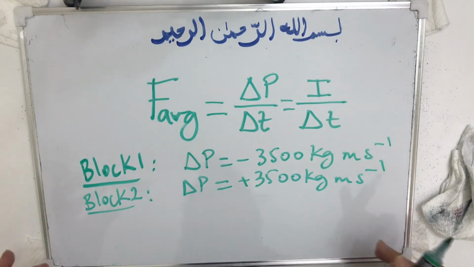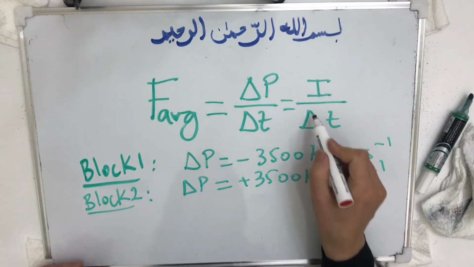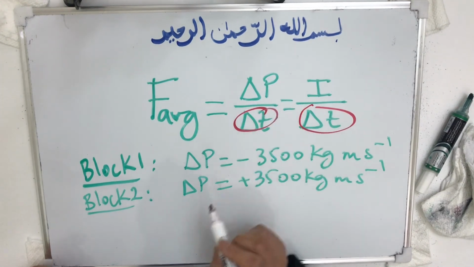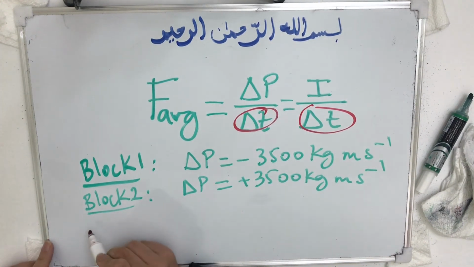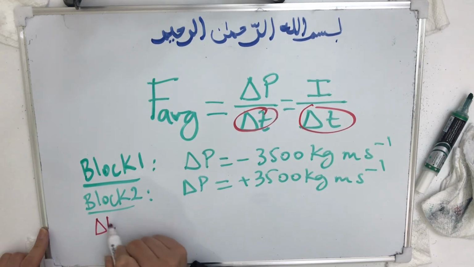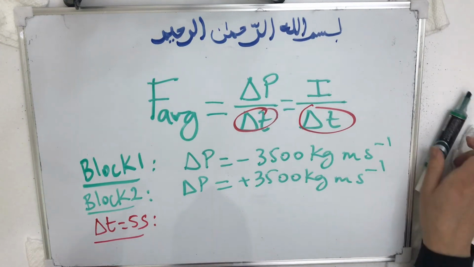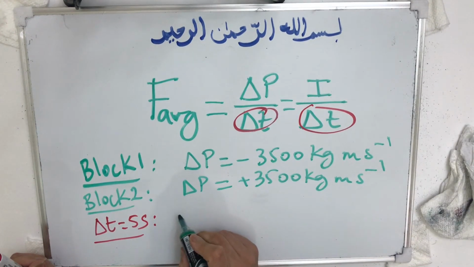Now, what else do we need to calculate this average force? We need a time, a delta T. So let's decide that the collision took, it's just an example, let's say that delta T equals 5 seconds. And then we ask you, calculate the average force that block 1 is experiencing.